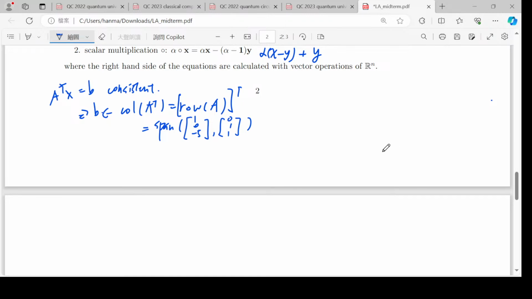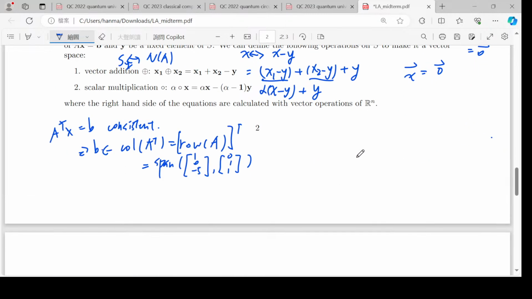And then we say this thing is equal to b1, b2, b3. Obviously, because we have the 1, 0 here and the 0, 1 here, if you want some alpha and beta, alpha times 1, 0, minus 5 plus beta times 0, 1, 1 equal to b1, b2, b3, then obviously alpha is equal to b1 and beta is equal to b2.